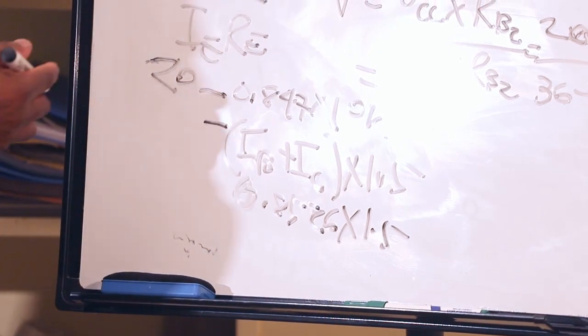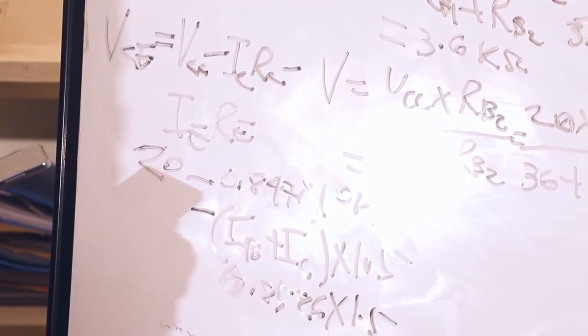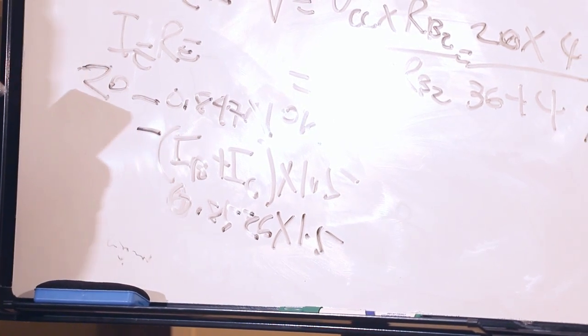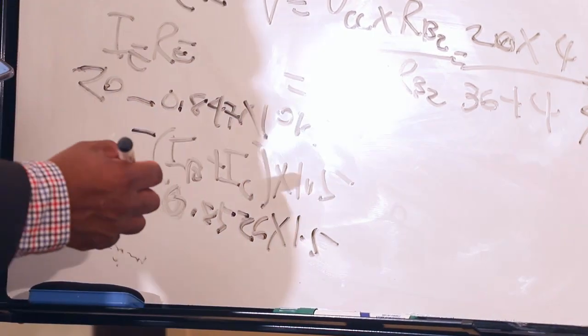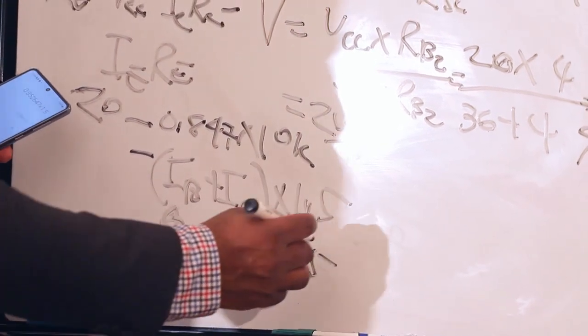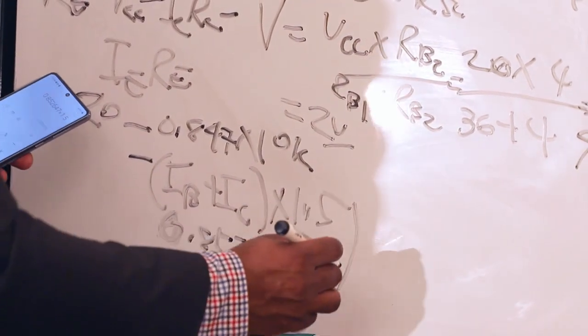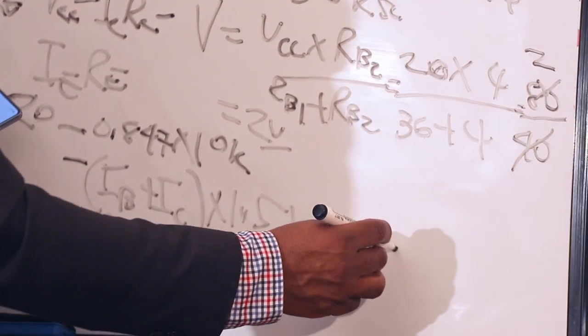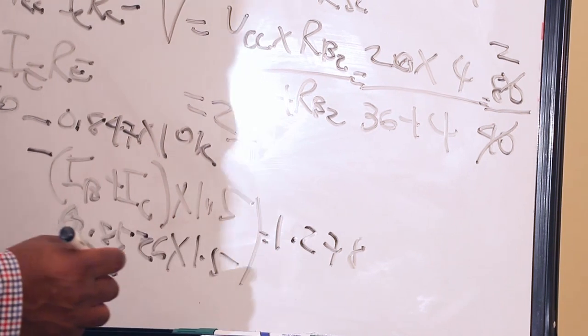So we can have the VCE. We times by 1.5, I have here 1.278.